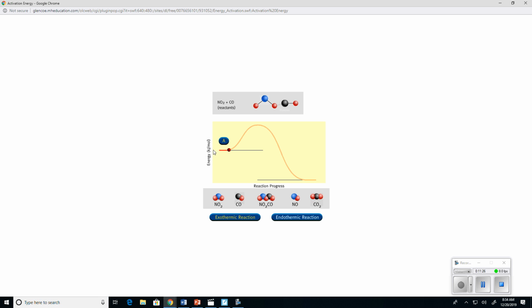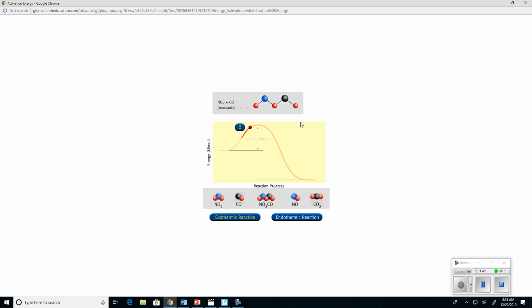So step A. As the two molecules approach each other, an attractive force begins to form between one of the oxygens of nitrogen dioxide and the carbon of carbon monoxide, which is indicated by the dashed line. The bond between the nitrogen and oxygen of NO2 begins to weaken, and the bond length increases.